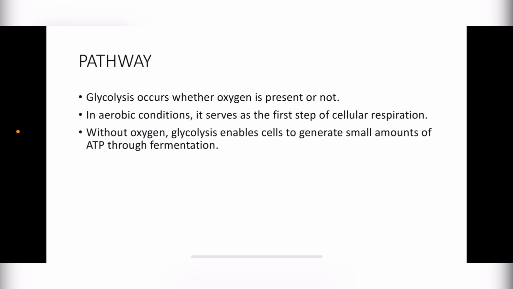Glycolysis will occur whether oxygen is present or not. In aerobic conditions, glycolysis acts as the first step of cellular respiration. Without oxygen, glycolysis enables cells to generate only a small amount of ATP, which takes place through a process called fermentation.